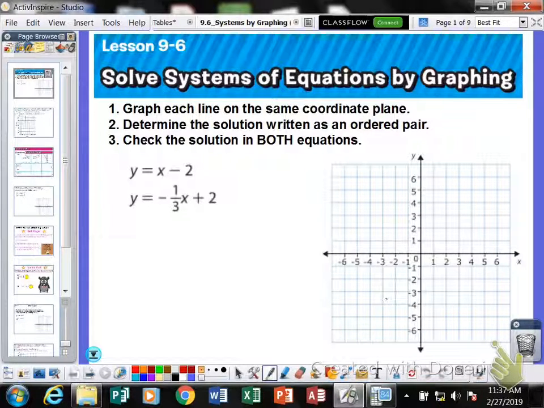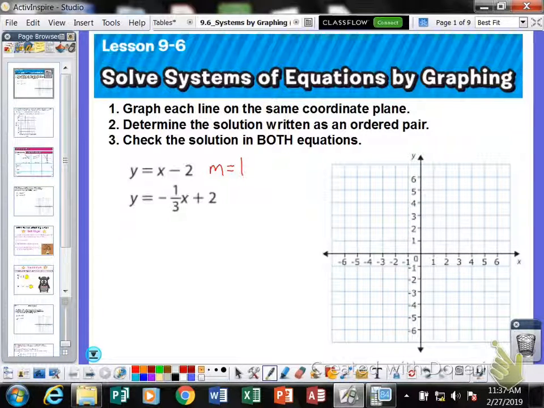Okay, so in order to graph each line on the same coordinate plane, we need to first find our slope and our y-intercept. So my slope in this case of y equals x minus 2, my m, is going to be 1, because although it's not there, we know that there is a 1 in front of that x.